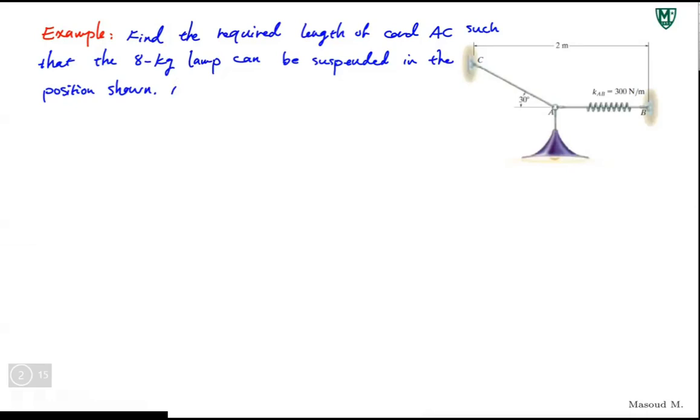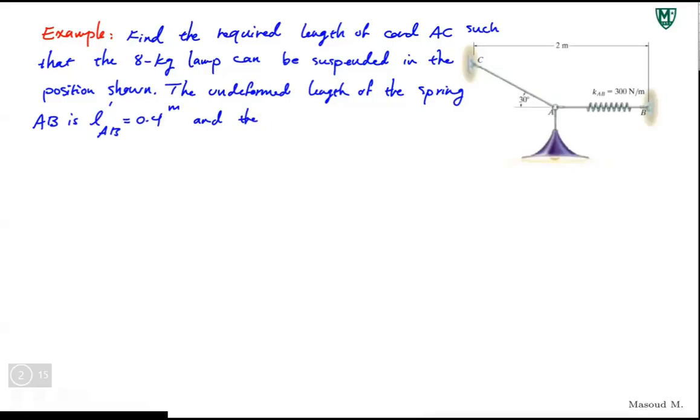The extra piece of information you're given is the undeformed length of the spring AB, called L prime, is 0.4 meter.